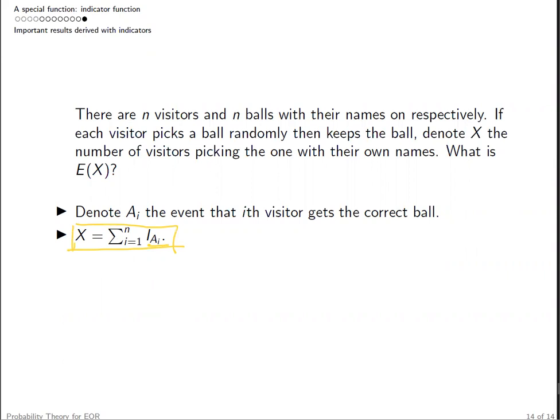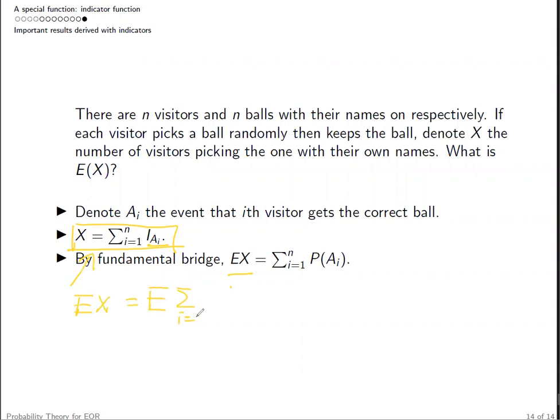Naturally, it's going to be the fundamental bridge. Because now if we take the expectation on both sides, we know the expected value. Well, let's take a look. Let's take expectations on both sides, then the expected value of X is the expectation of the summation of I_{A_i}.